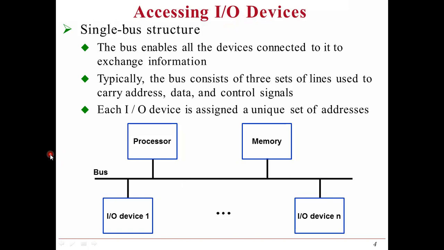If we want to create a communication path between two devices, we use the bus. Here I/O device 1, I/O device 2, and so on, I/O device n, the processor, memory. Here we are taking a number of I/O devices.